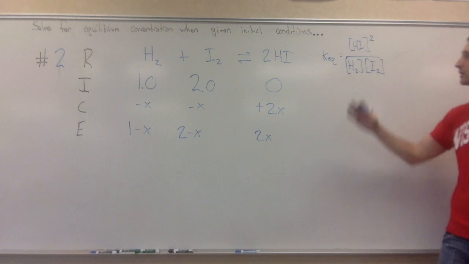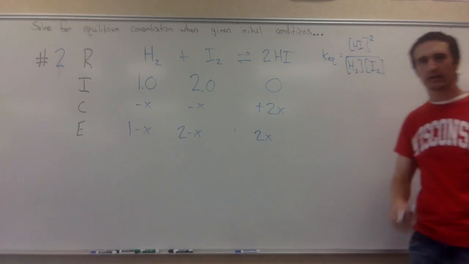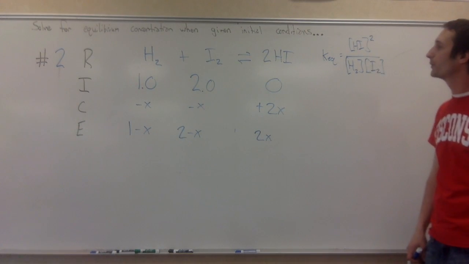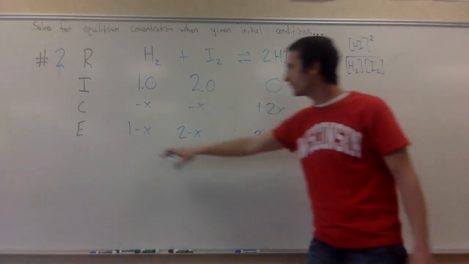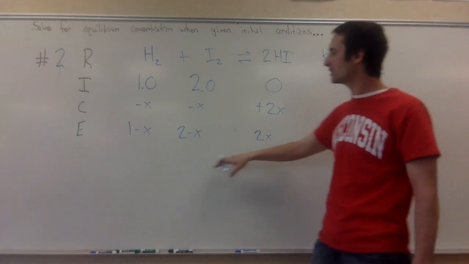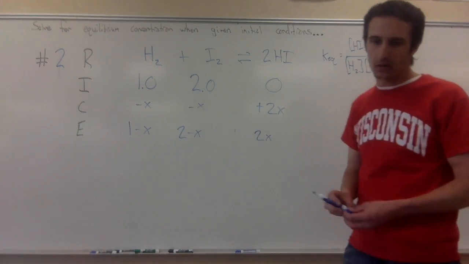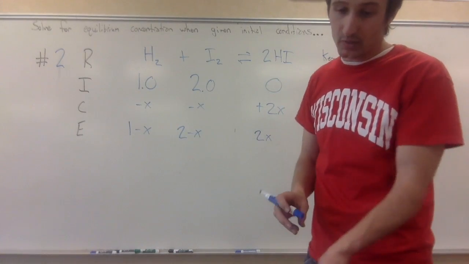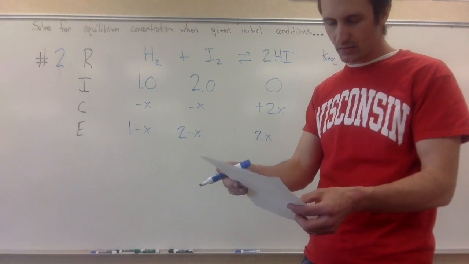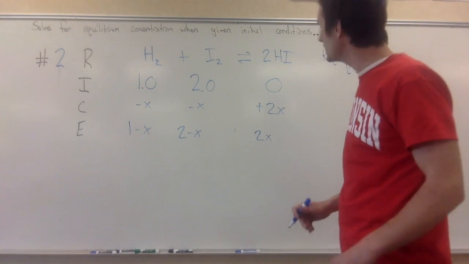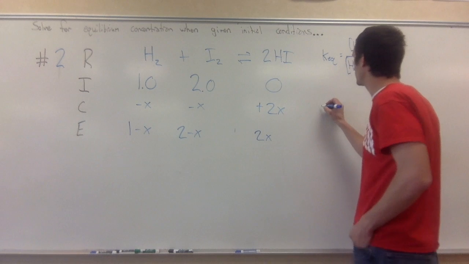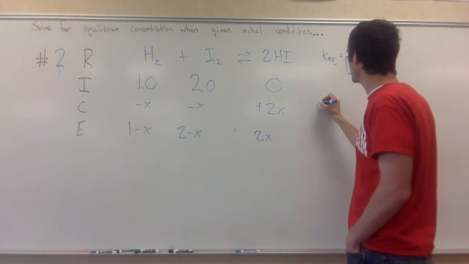So you write out your equilibrium constant expression. Next, we don't know what these values are, but we can use these as placeholders. So I'm going to plug in and substitute. Also, if you read the problem, KEQ for the reaction is 50.5. So I'm going to plug that in as well for KEQ.